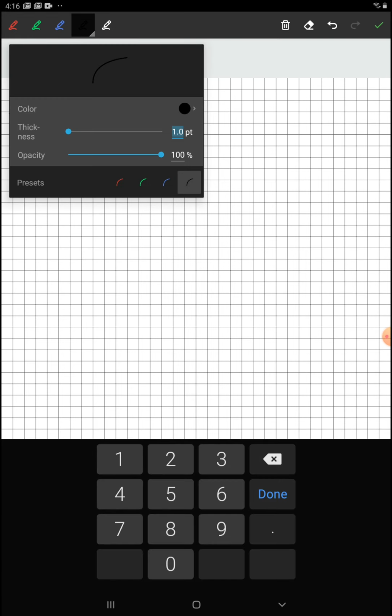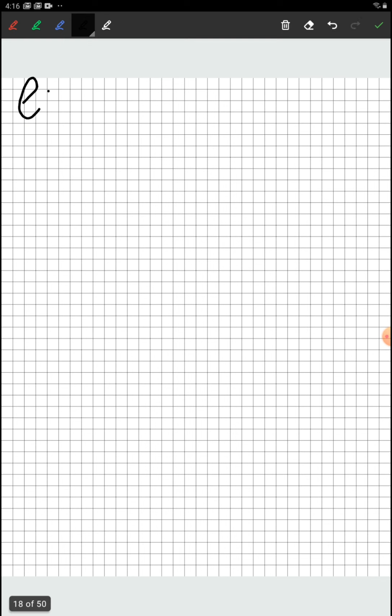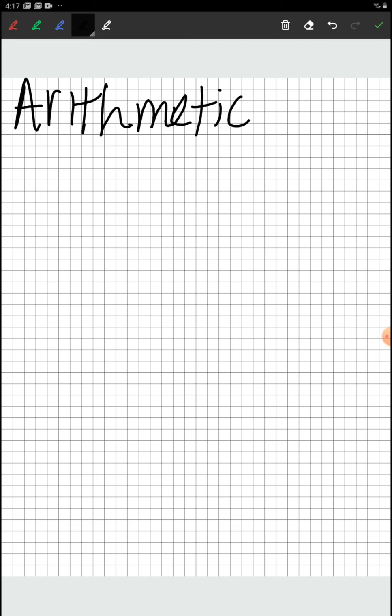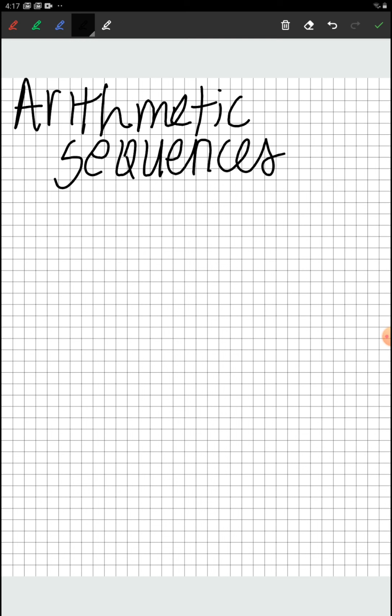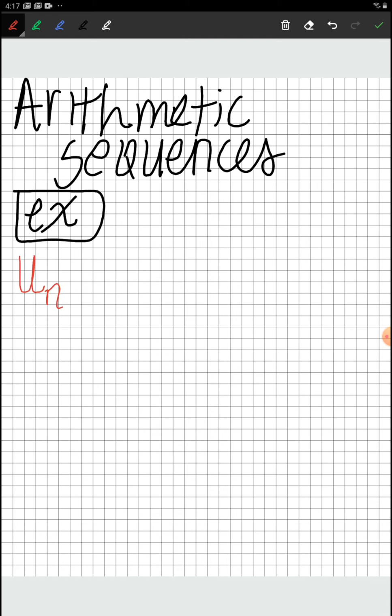Arithmetic sequences. Examples. Okay, so let me go ahead and rewrite the formula.